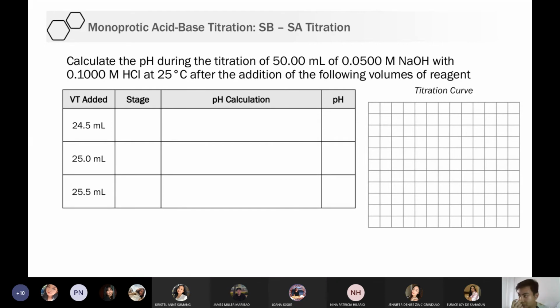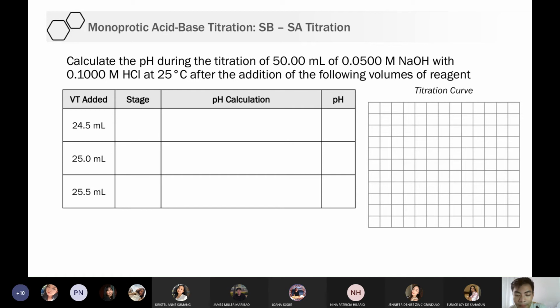Let's try this. Onti na lang kasi alam na natin gagawin natin. So, calculate the pH during the titration of 50 ml of 0.05 molar sodium hydroxide with 0.1 molar HCl at 25 degrees Celsius after the addition of the following volumes of reagents. 24.5, 25, 25.5.